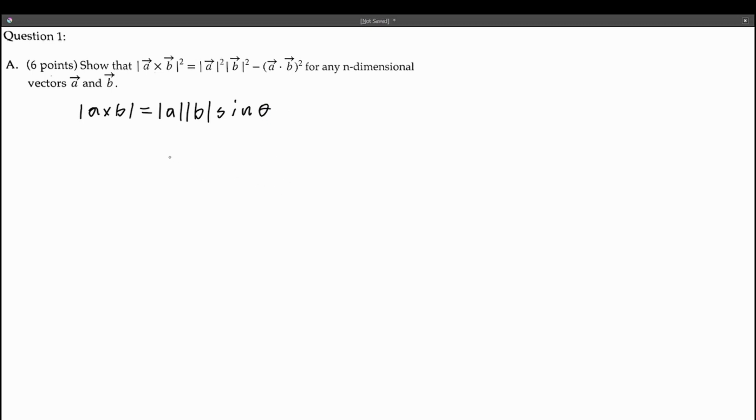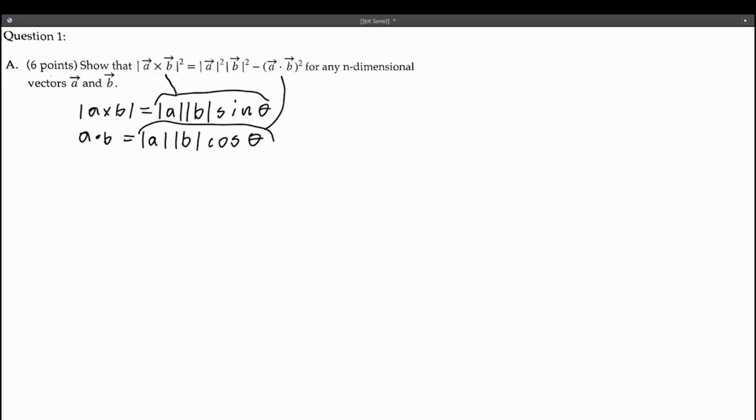There's also the dot product of a and b, which is equivalent to the magnitude of a times the magnitude of b, but this time it's times cosine of theta. So we can plug both those in, and that's all that you need to solve this equation. So I'll go ahead and show how to do that.